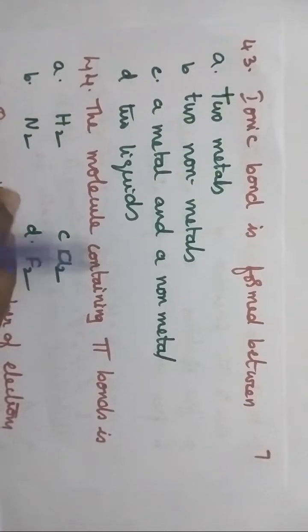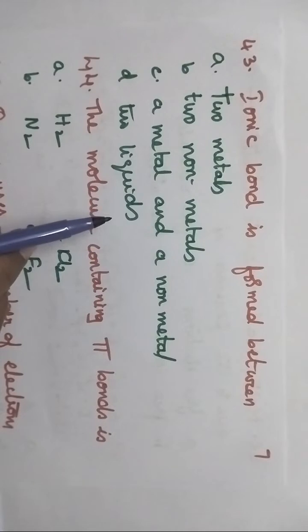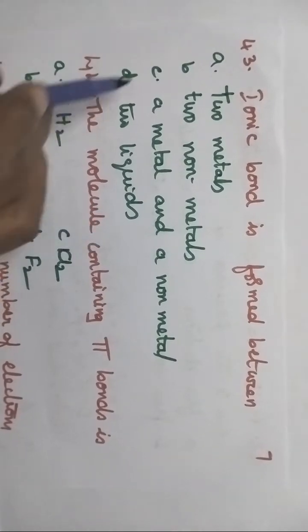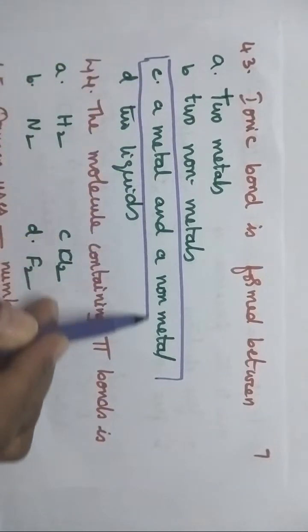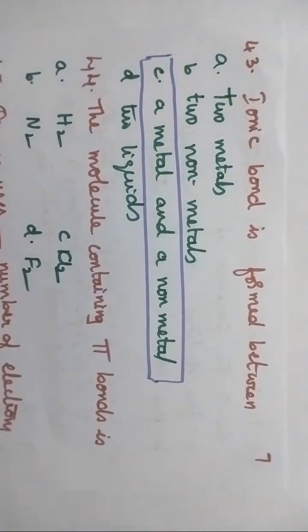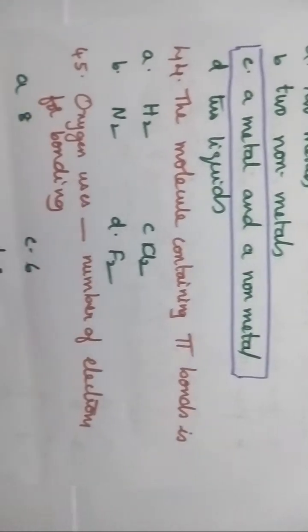So ionic bond is formed between two metals, two non-metals, a metal and a non-metal, or two liquids. Very good, Tilak. Always an ionic bond is formed between a metal and a non-metal. Very good, Sai channel, Suhani.